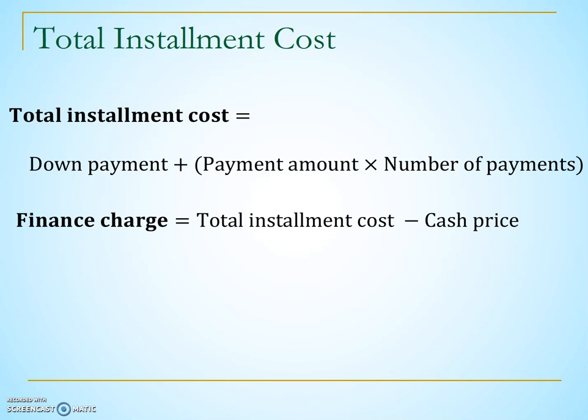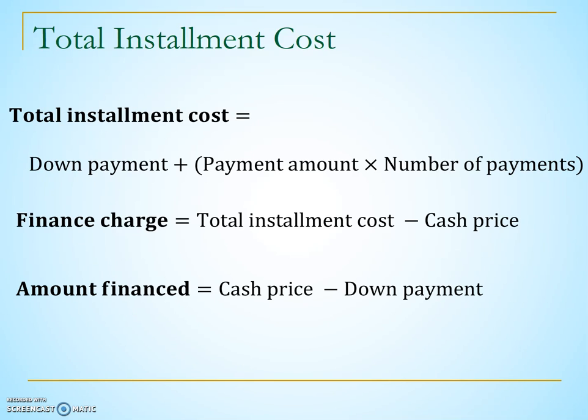The finance charge can be calculated by subtracting the cash price of the purchase from this installment cost. The amount financed is the amount of money borrowed, which can be calculated by subtracting any down payments made from the cash price of the purchase. Using these equations, we can now answer questions about installment loans.